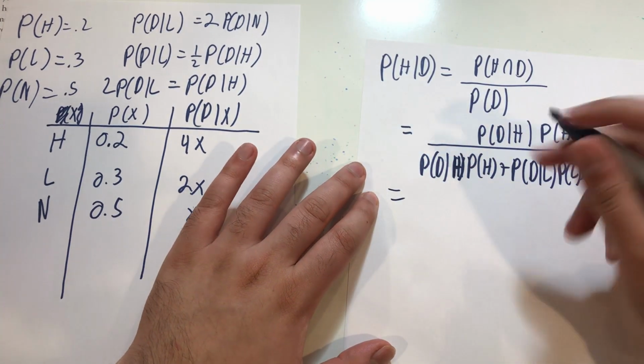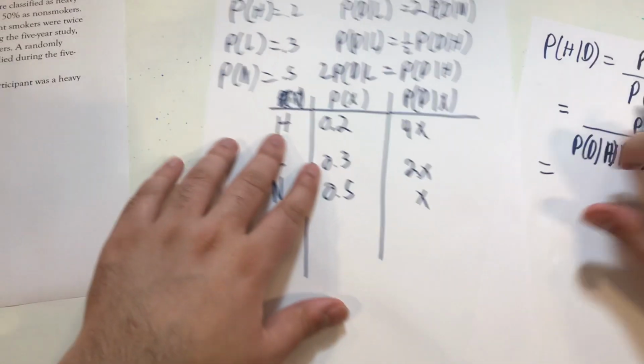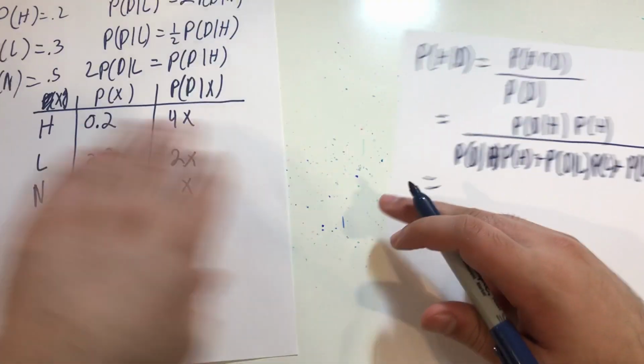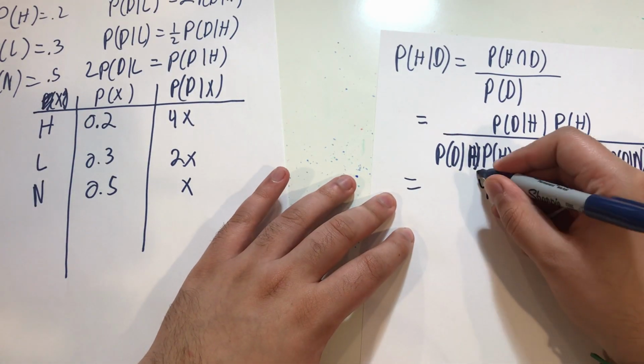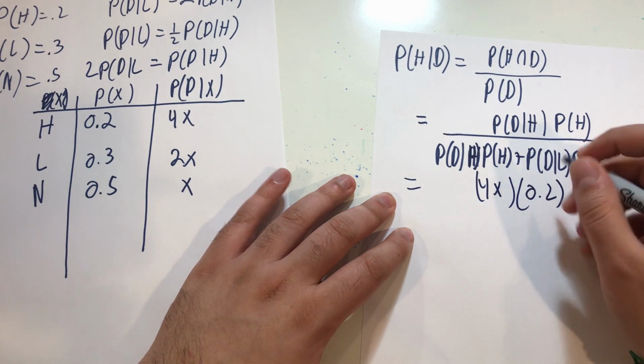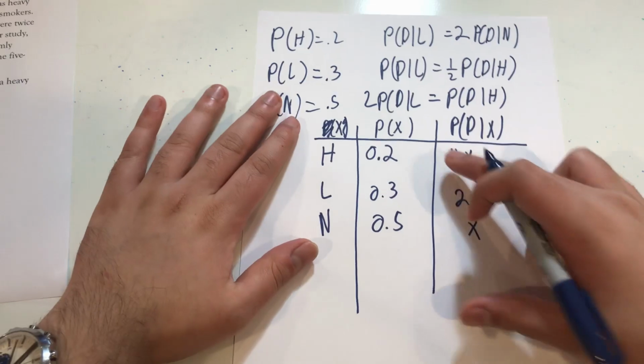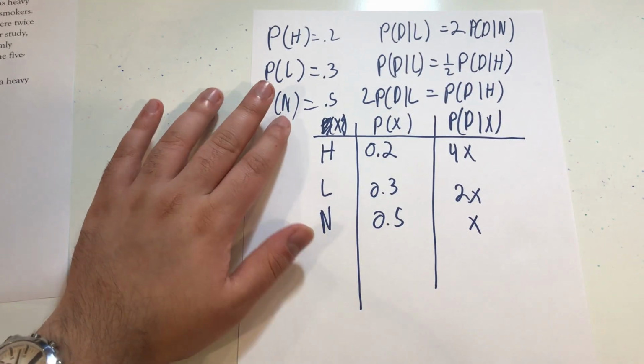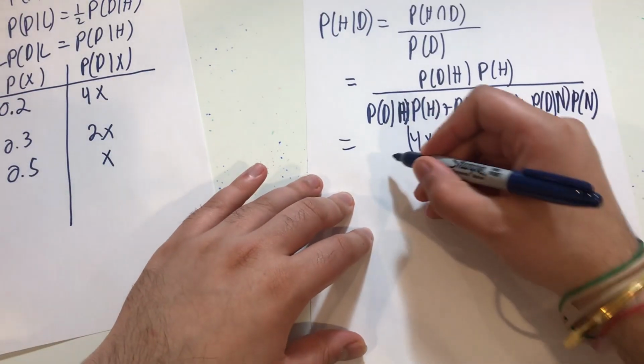So filling this in, the probability of dying given that you're a heavy smoker is 4x, times the probability of being a heavy smoker, which is 0.2. And the reason I like making tables and diagrams and charts is that I'm just pulling the values from this, barely even thinking about it.